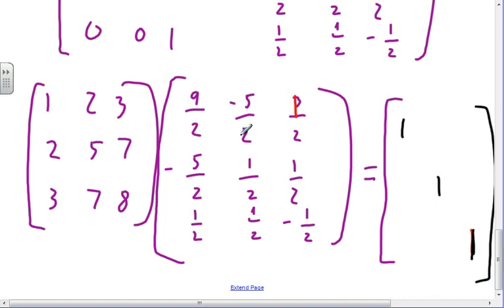It was this guy times that. Minus 5 plus 5 is 0. That's a 0. We already did that one. This guy times here, 18 plus 7 is 25, minus 25 is 0.